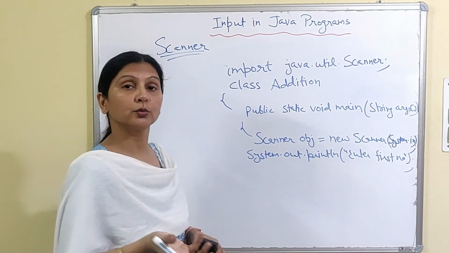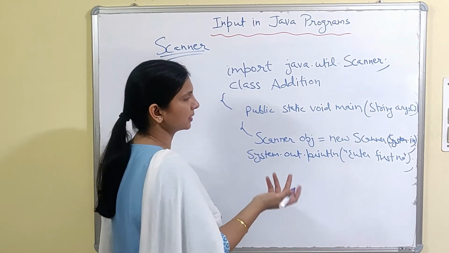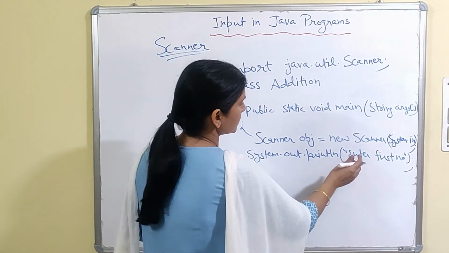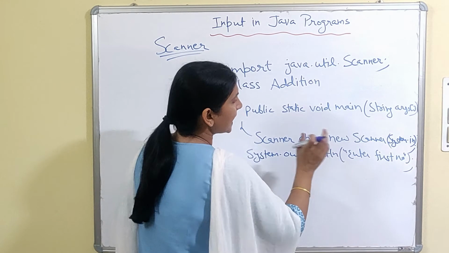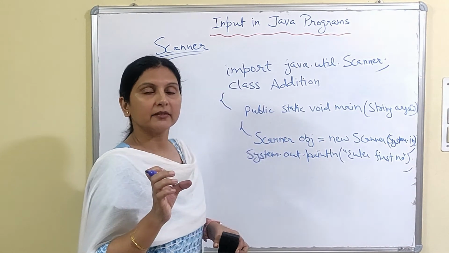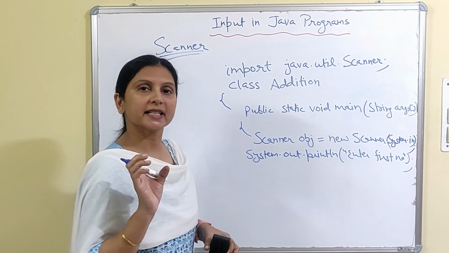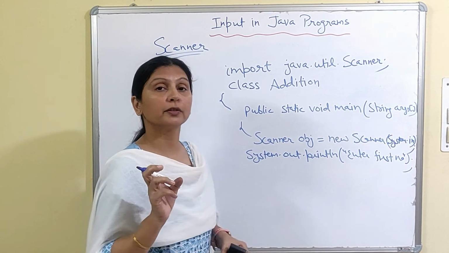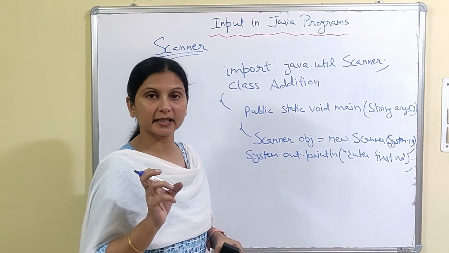After that you will enter any number like 10, 20, 30, when you run the program. When you assign a value like 20, that is an integer. So which function will we use to read that integer?